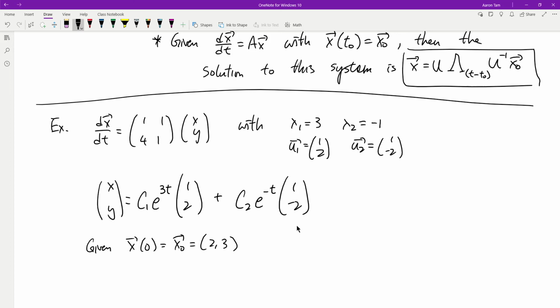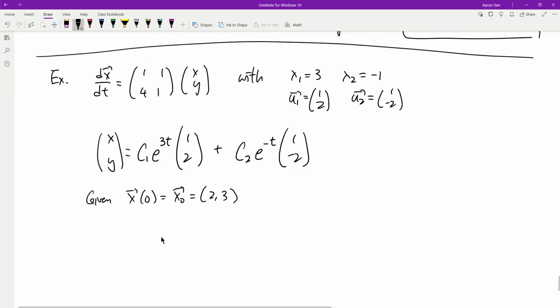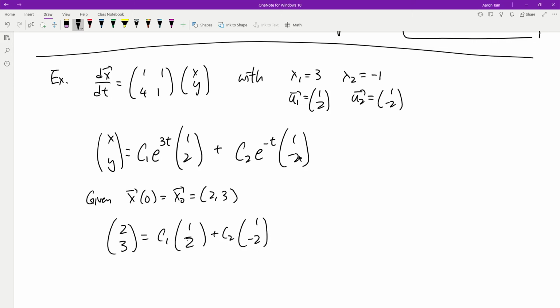This implies that 2, 3 is equal to C1 times 1, 2 plus C2 times 1, -2, because e to the 0t is 1, so it's gone. That tells me 2 equals C1 plus C2, and 3 equals 2C1 minus 2C2. That's a very easy system to solve.